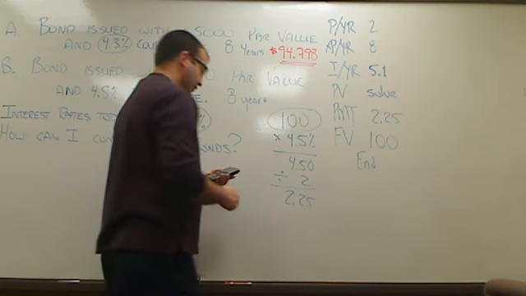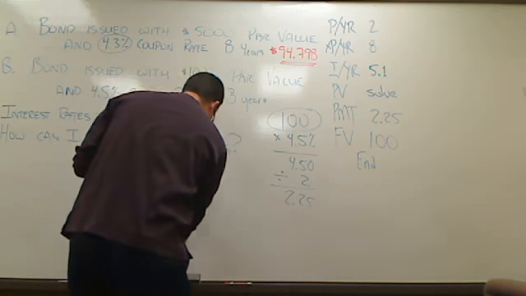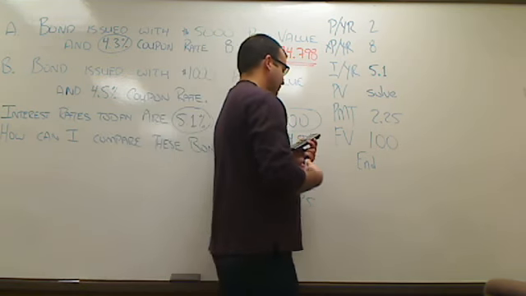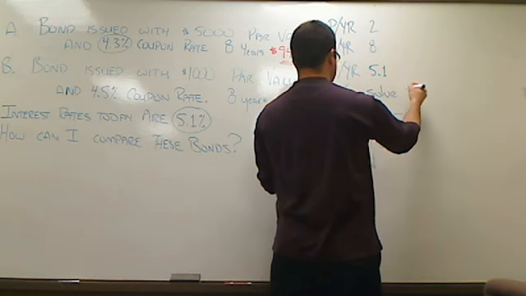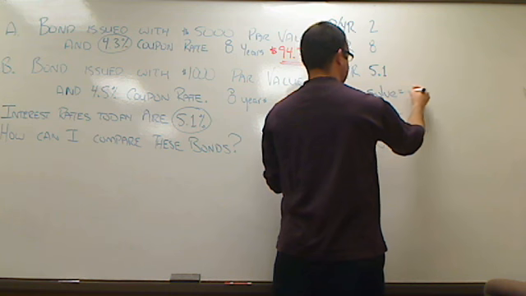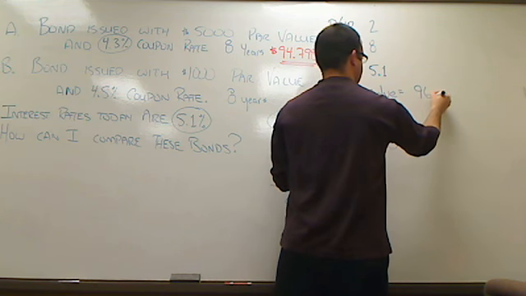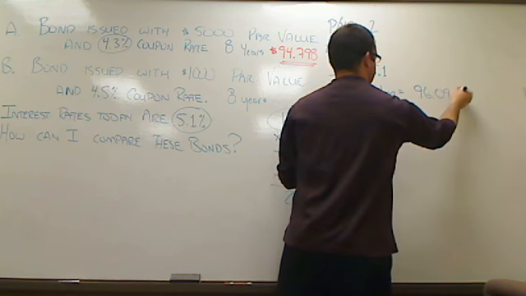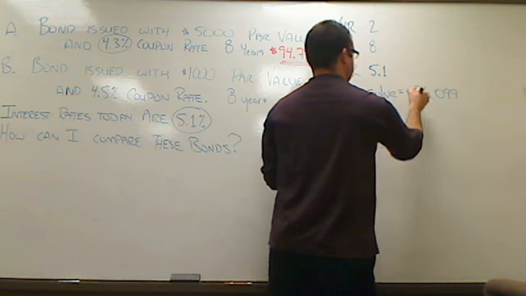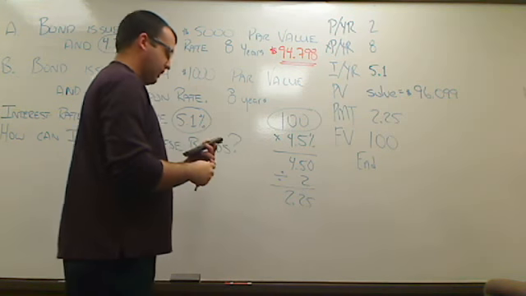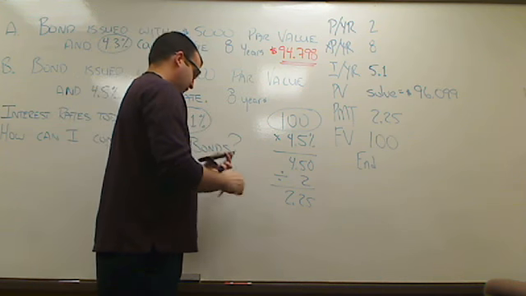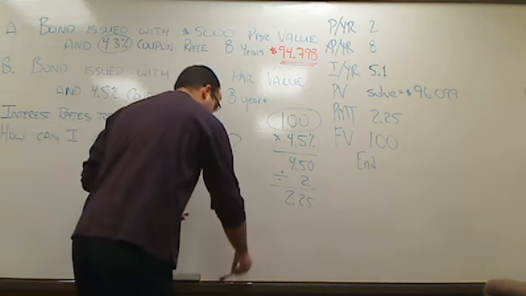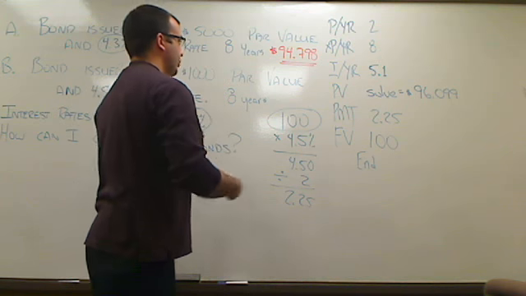So in this case, my present value comes to $96.099. That will be my present value, and of course it'll come out as a negative. You have to spend that money to get that bond. So this is how we would arrive at the prices of bonds.